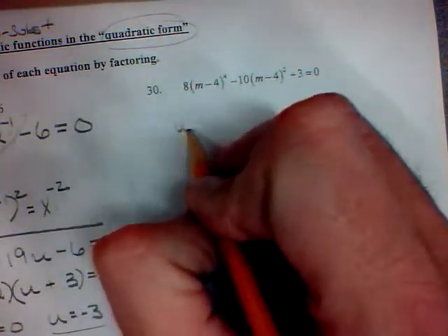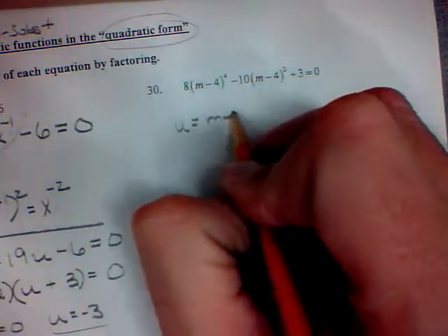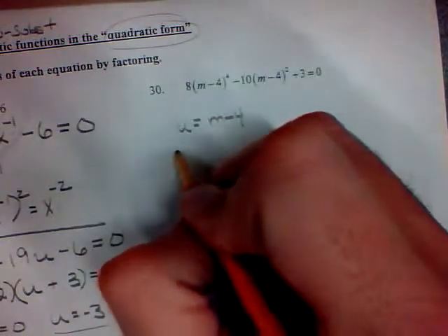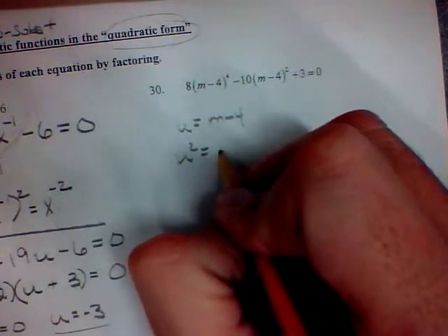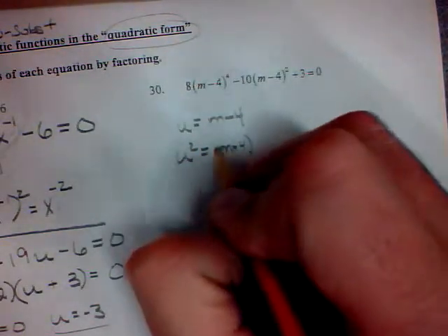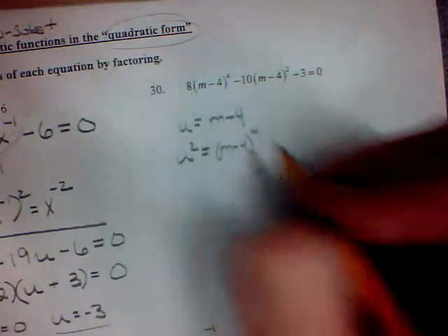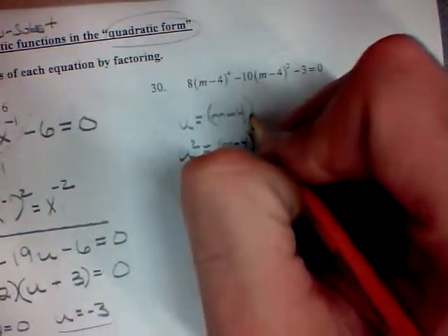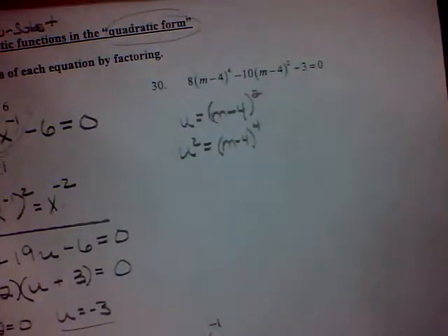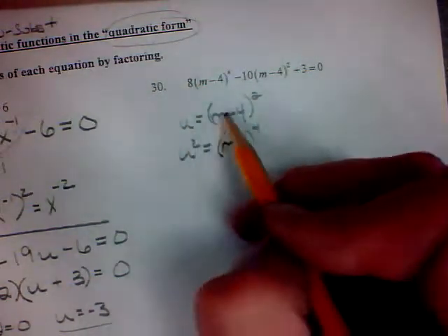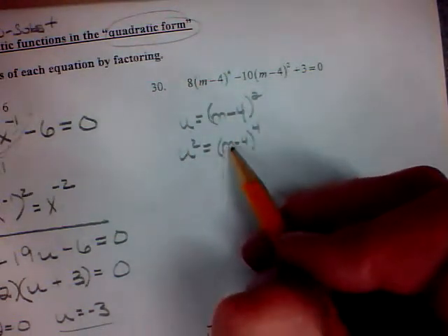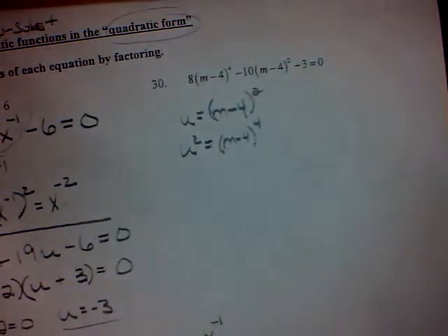So looks like our u in this case is going to be m minus 4, which makes your u squared equal m minus 4 to the fourth. Oops, sorry, this is squared. So u is m minus 4 squared, which makes u squared m minus 4 to the fourth.